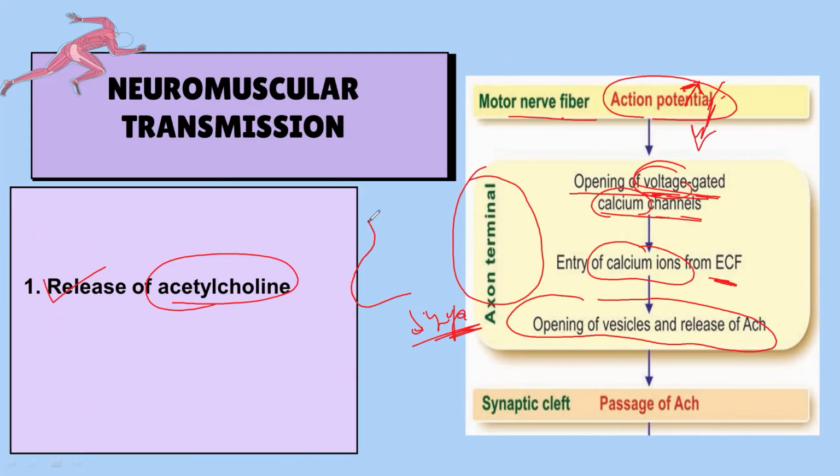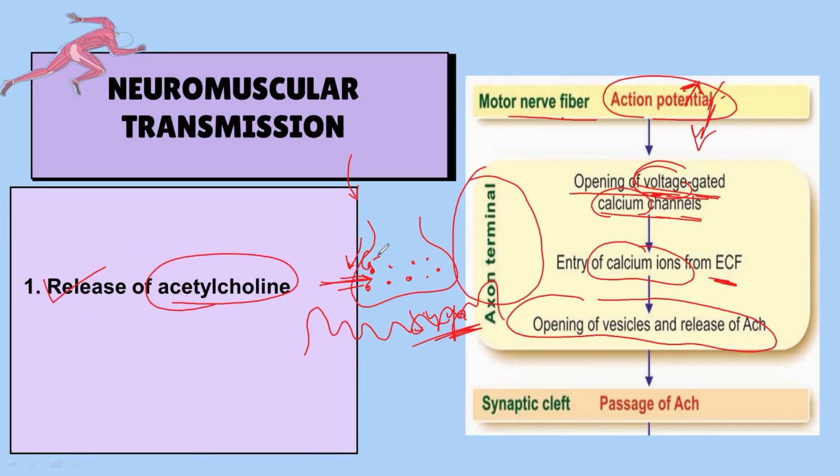This one was the axon terminal, motor end plate, and there are synaptic vesicles. And when the action potential is reaching towards the axon terminal, there will be opening of calcium channels.